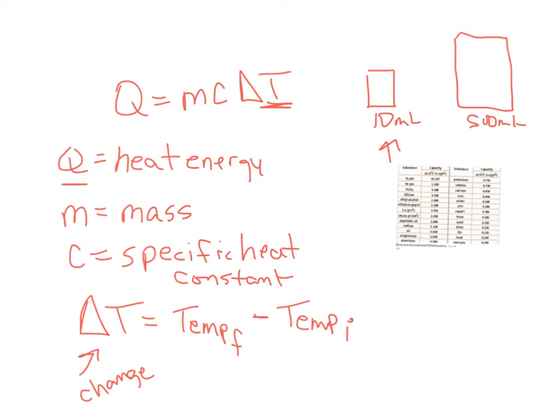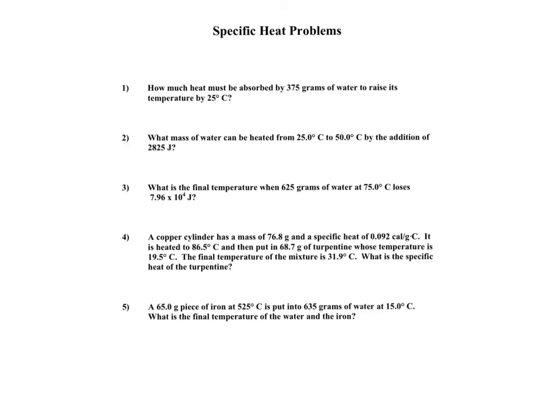Let's take a look at a couple of problems. All right, I'm going to bring our formula over. We're not going to work all these problems, just the first two. Q equals MC delta T. Number one, how much heat must be absorbed by 375 grams of water?